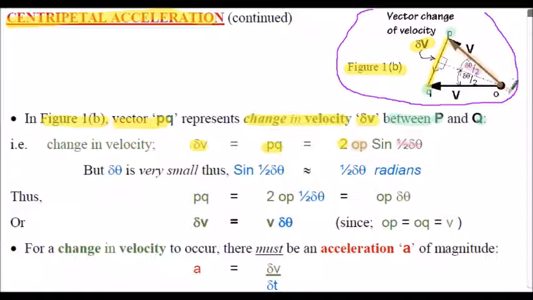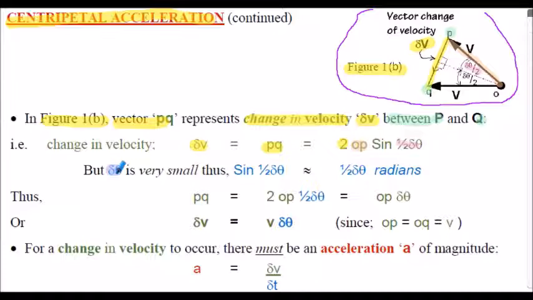So in other words, we're considering this right angled triangle shown here, and we're calculating this dimension, the opposite side of the triangle. Knowing the hypotenuse, requiring to calculate the opposite side, we use the sine function, and we double the value of this length to get the total length of delta v.